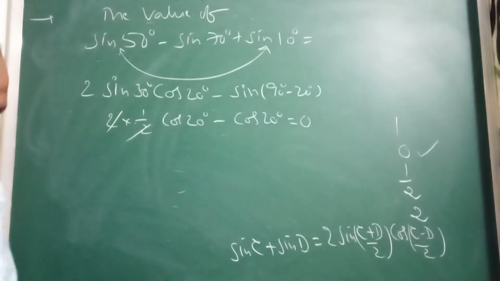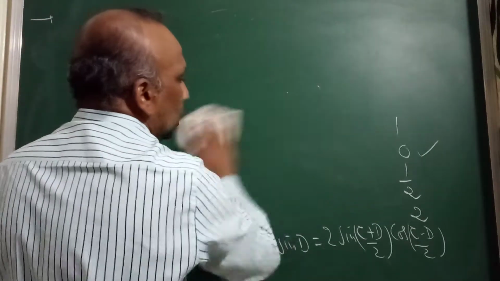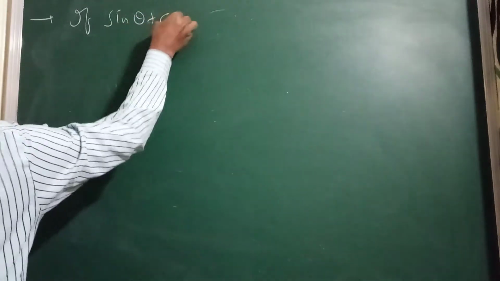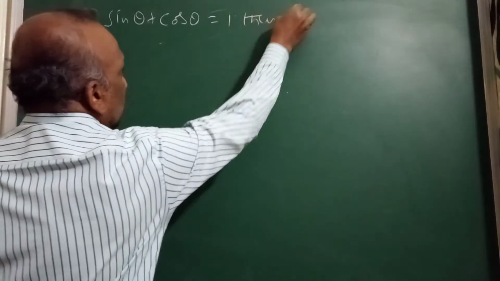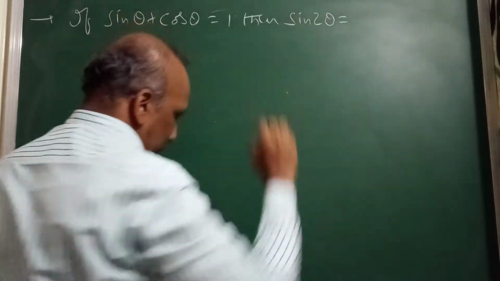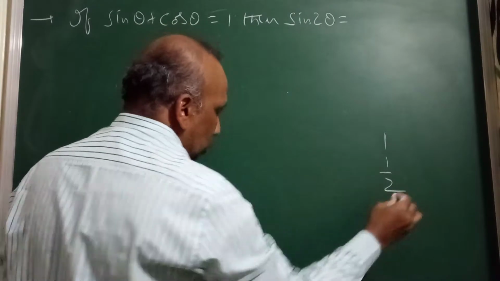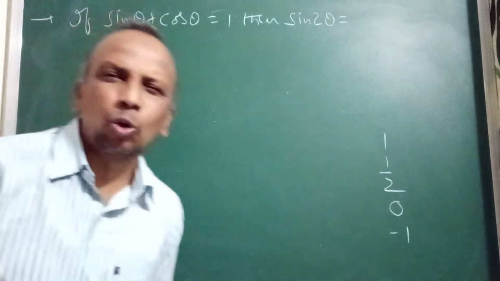After that, the next problem. If sin theta plus cos theta is equal to 1, then the value of sin 2 theta equals, they are asking, the options are 1, 1 by 2, 0, minus 1.